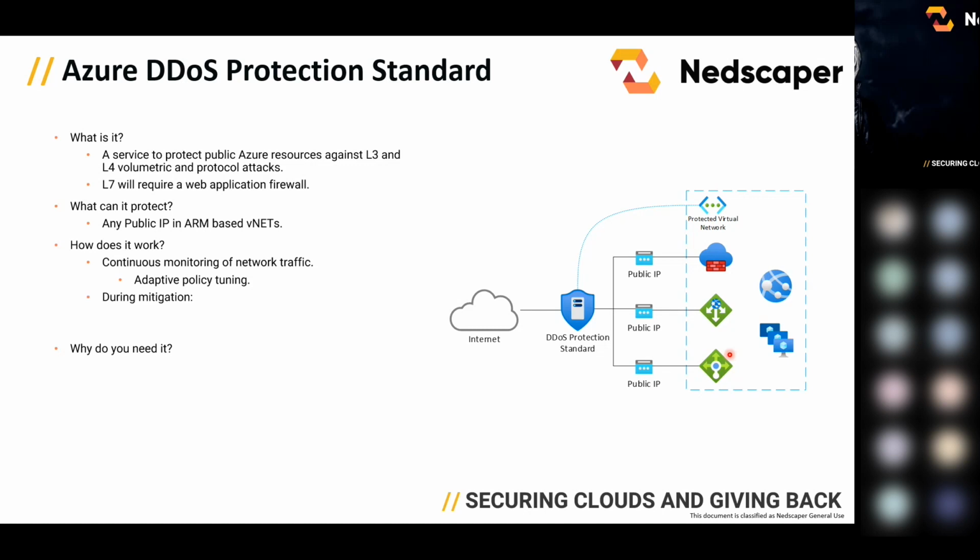Now, during the mitigation, so when the policy detects abnormal behavior, like a big, massive spike of traffic occurring into one of the public IP addresses, the mitigation will kick in shortly. The mitigation comes in 3 flavors.